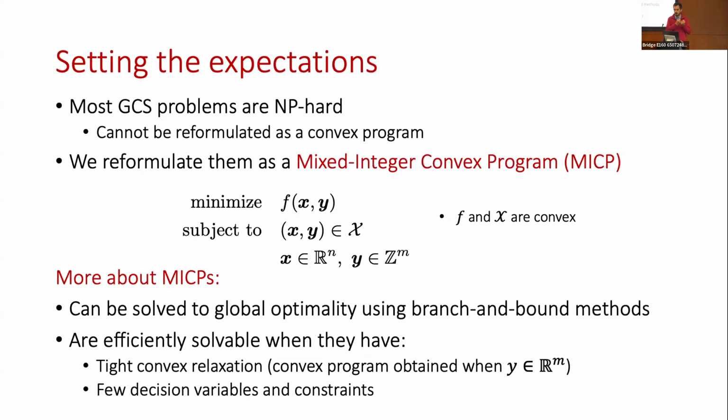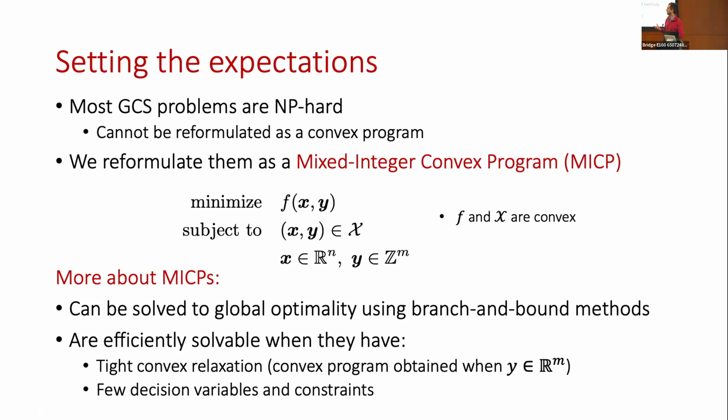If those variables were actually real valued, then you would have a convex problem. That convex problem is called the convex relaxation of the problem, that you can solve quickly to get an approximate solution of the MICP. If that convex relaxation is a good approximation of the original problem, then through a single convex program, you typically can get a very good guess for the optimal solution of the combinatorially hard problem.